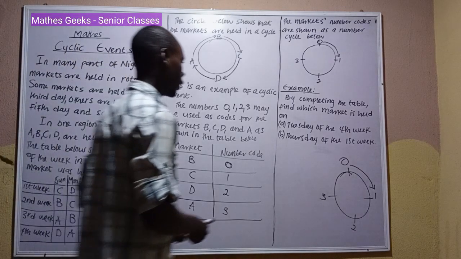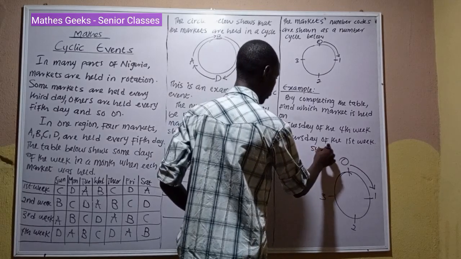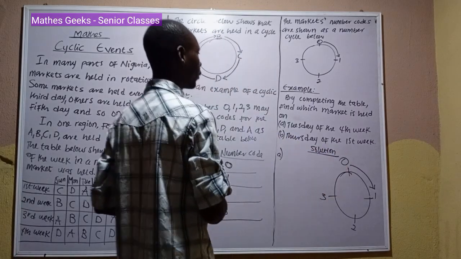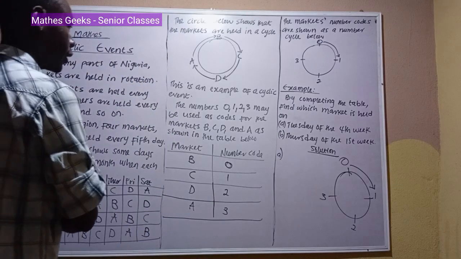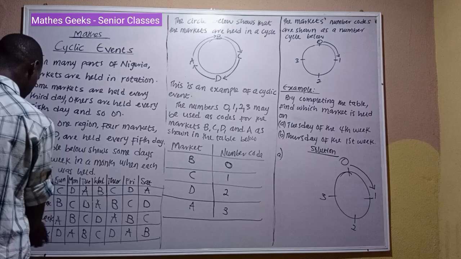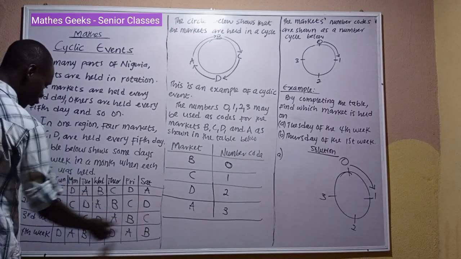So let's answer our question. Solution. By completing the table, find which market is held on a Tuesday of the 4th week. The 4th week is this row.